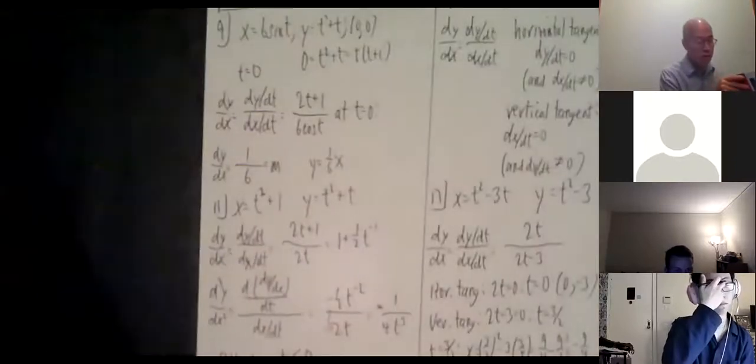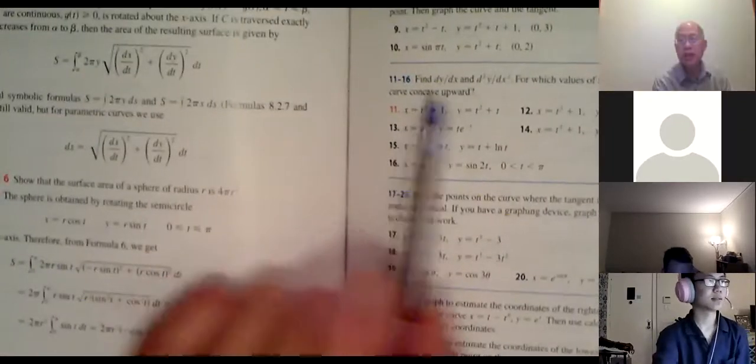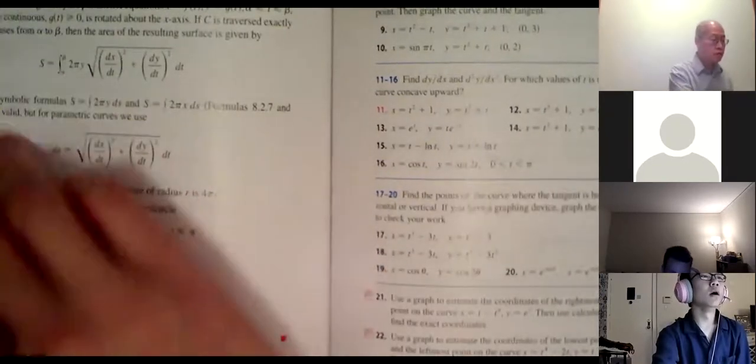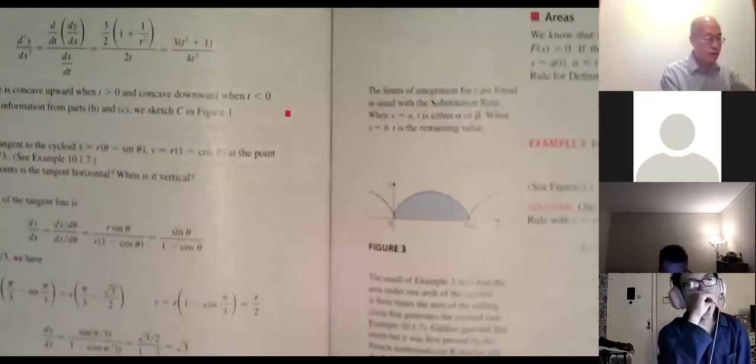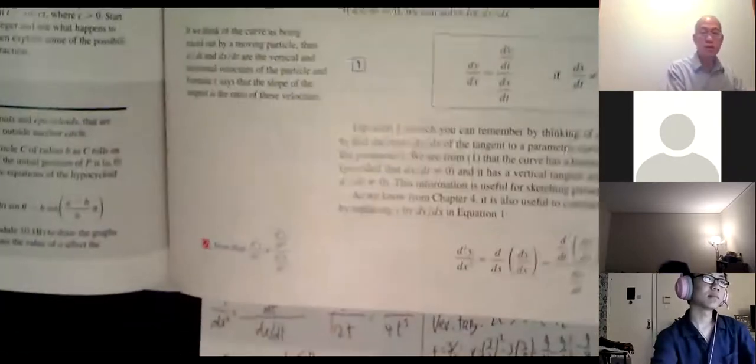Now, let's see, some second derivative problems. Find dy/dx and d squared y over dx squared. So for the second derivative, I have to use the second derivative formula, right? Which was this guy.